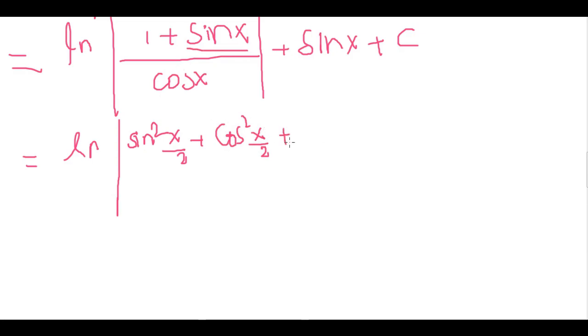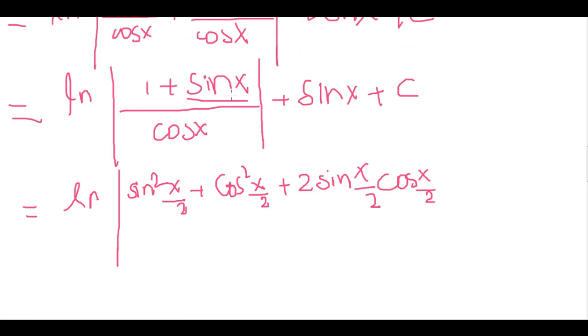I can write this as 2 sin x by 2 into cos x by 2. I assume you know this identity already: sin 2x equals 2 sin x cos x.